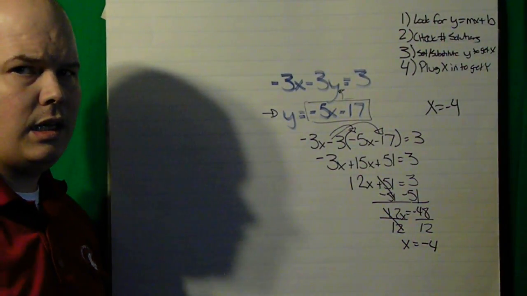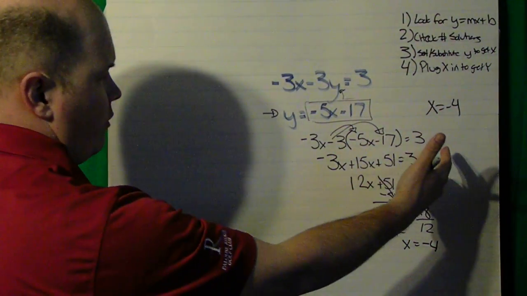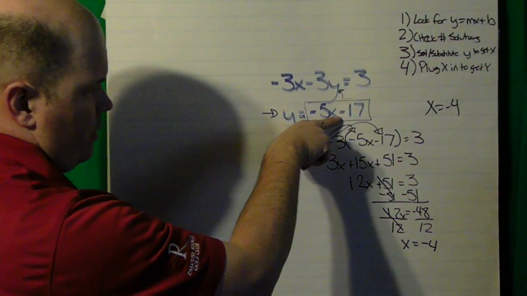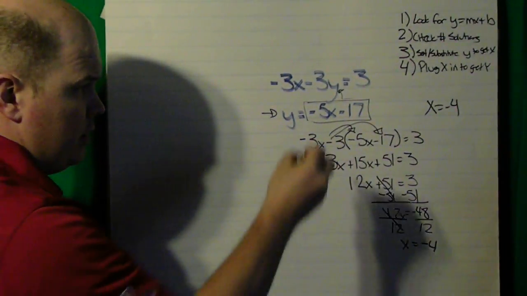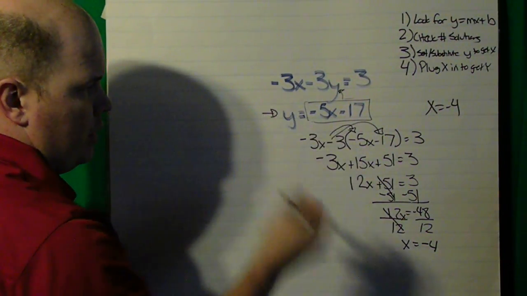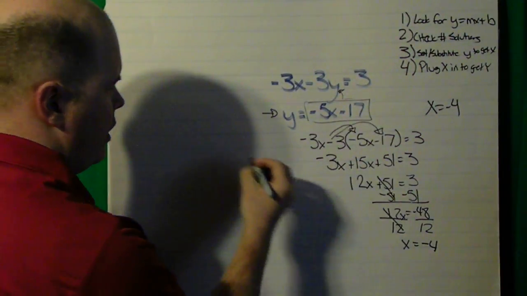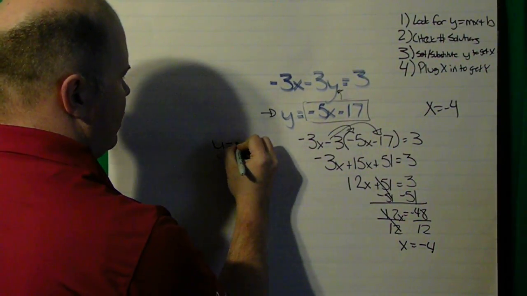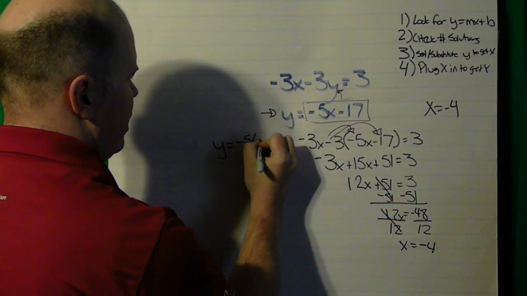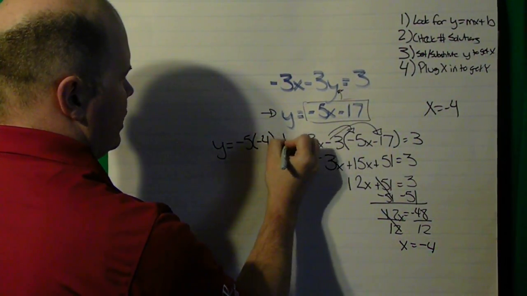Okay, once I get here, now I need to take this negative 4 and substitute it back into my equation. I'm going to substitute it into this equation because I don't have to do anything with y. I just have to plug it in and solve. So I'm going to go y is equal to negative 5 times negative 4 minus 17.